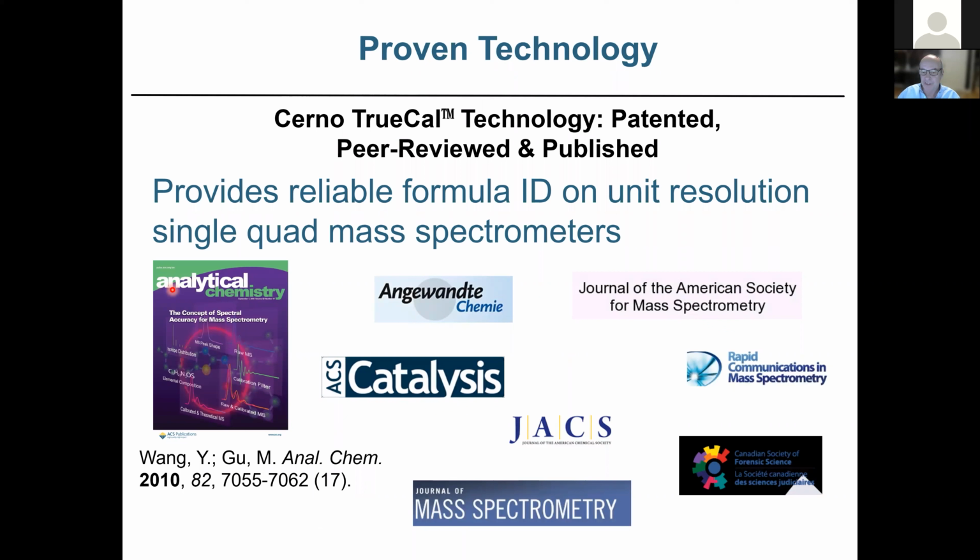If you're interested, at the end, we'll point you to a journal publication that describes the details of how the mathematics works. But it's even used by organic chemists to verify the formula of their newly synthesized compounds, and is accepted by journal publications like ACS, for example.